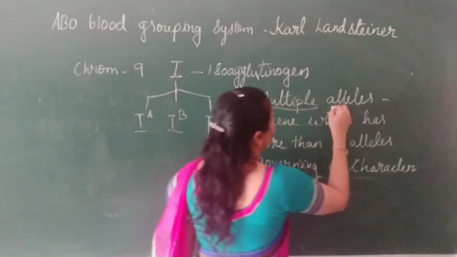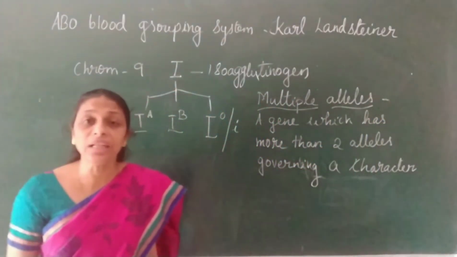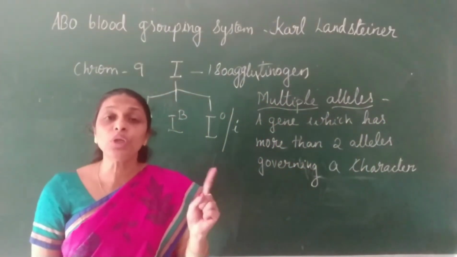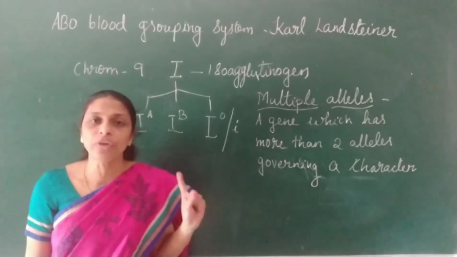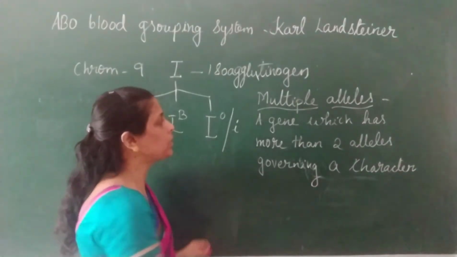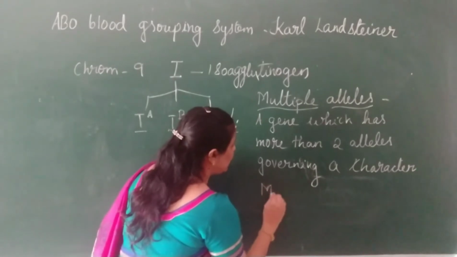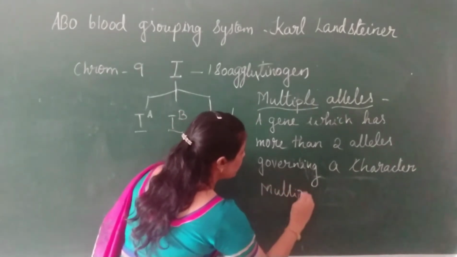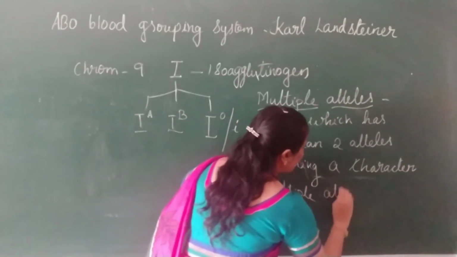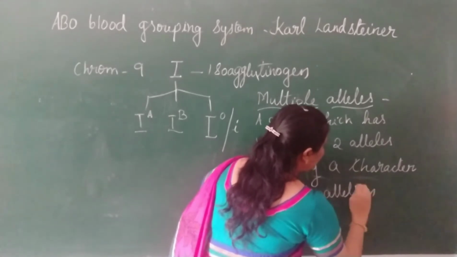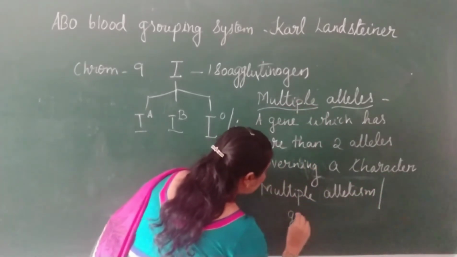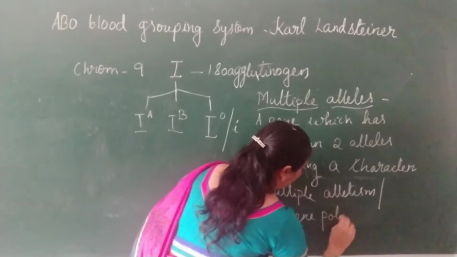Such an allele is called multiple alleles. And the phenomenon where more than 2 alleles are found for a single gene is called multiple allelism, or it's also called gene polymorphism.